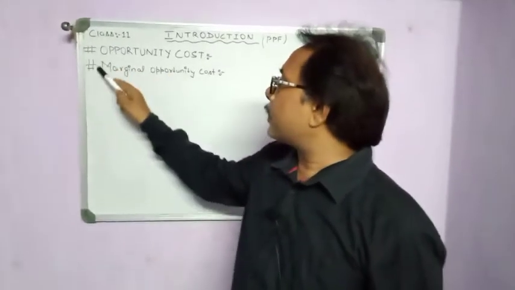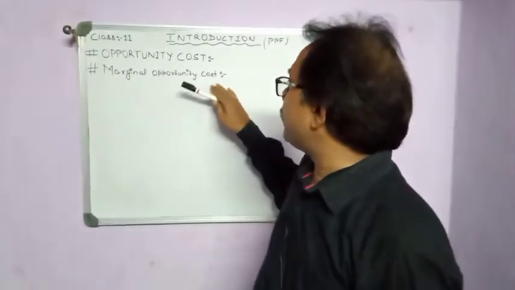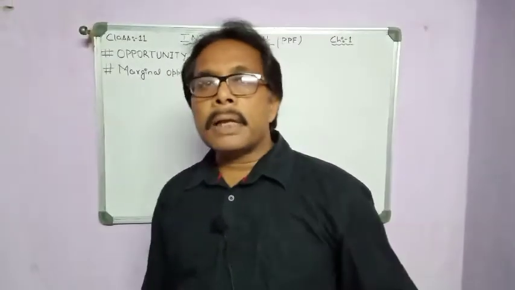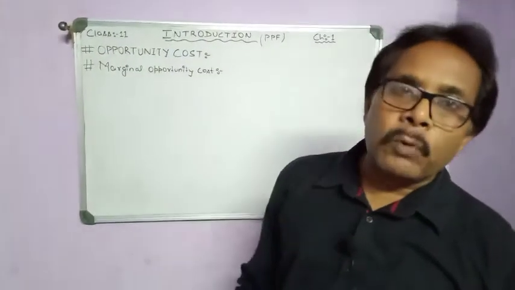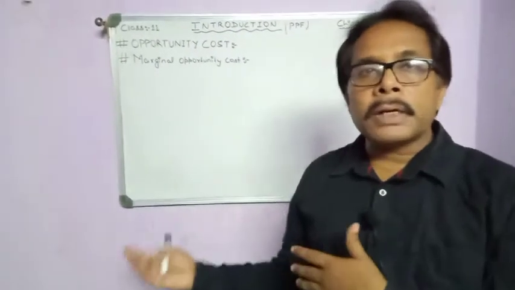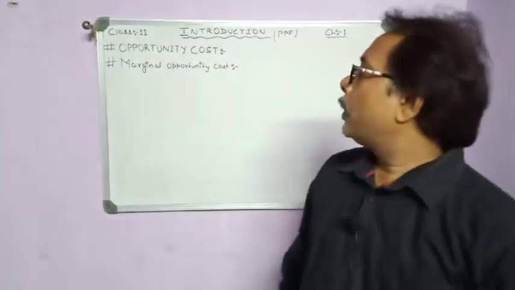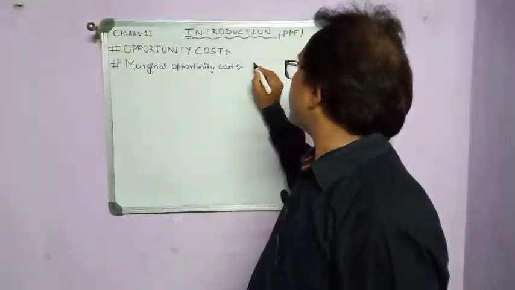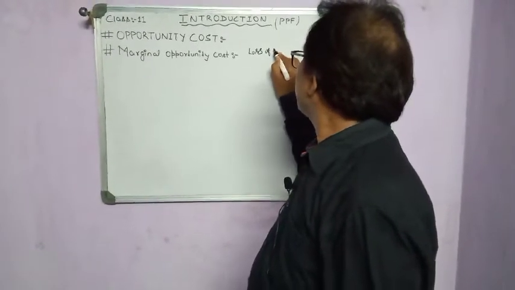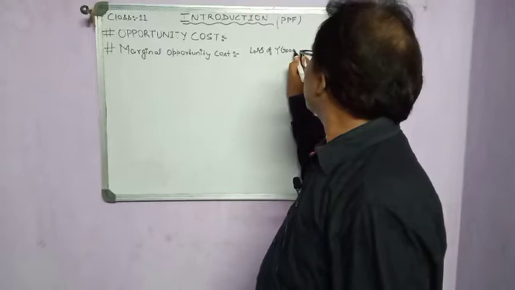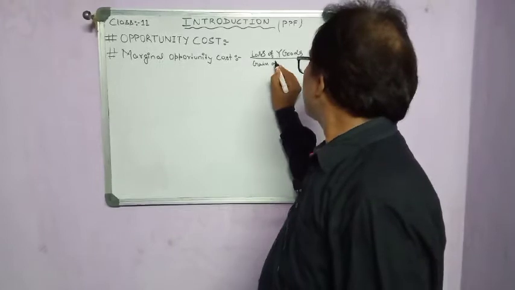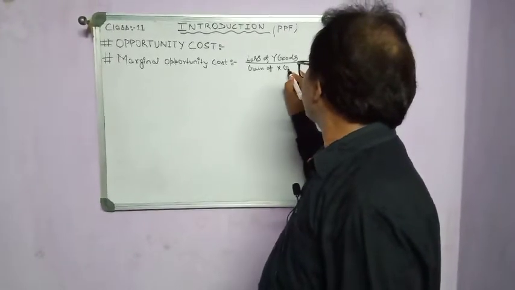Now come to the marginal opportunity cost. Here there is a single new term, marginal, and the remaining term is the same, opportunity cost. As you know, marginal means change. So if you are ready to buy one thing, you will have to sacrifice another. So marginal opportunity cost is equal to loss of Y goods divided by gain of X goods.